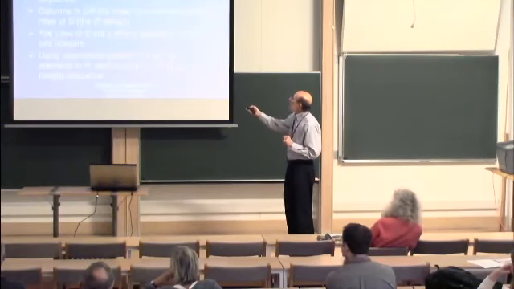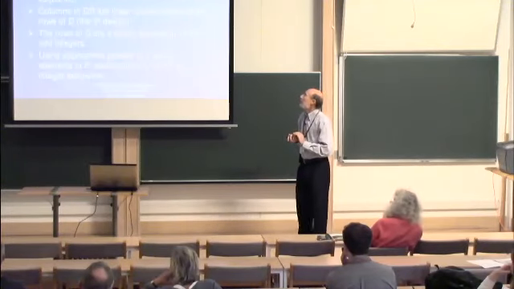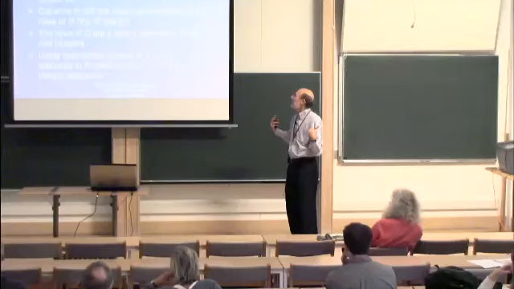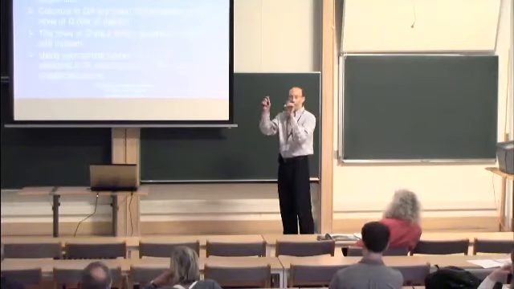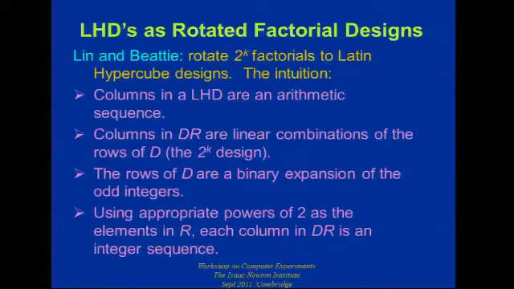Take a look at what you get when you multiply D by this rotation matrix R. Well, any column in D times R is some linear combination of the columns of D. So I'm going to take a row of D, and I'm going to take a linear combination of that row. That's going to give me an entry in the new column. Well, look at the rows of D. If you have a full 2-level factorial design, what I want to do is think of those 2 to the k points as a binary expansion of an odd integer.